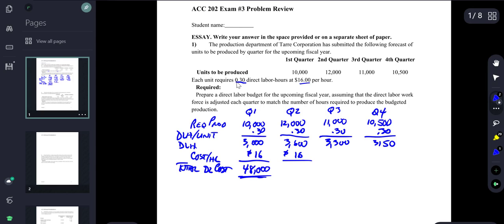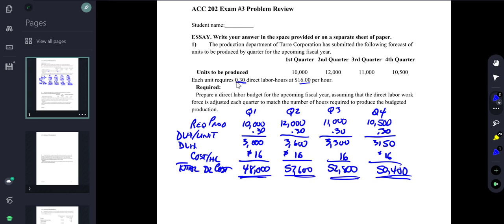So we get a direct labor cost of 57,600. For 3,300 times 16, we get 52,800. And finally, for 3,150 times 16, we get 50,400.